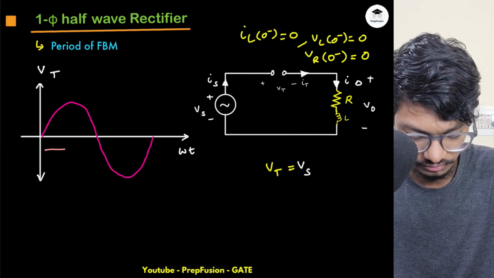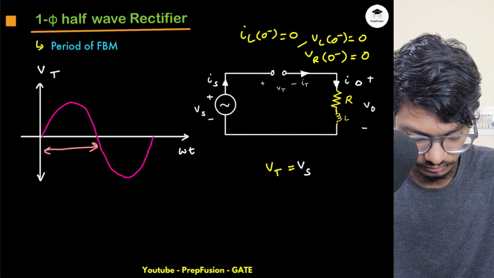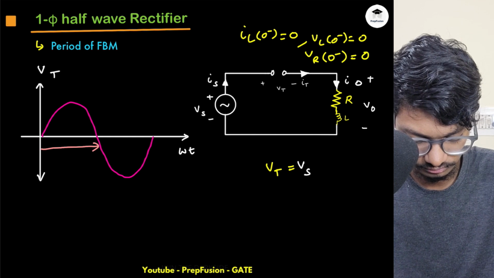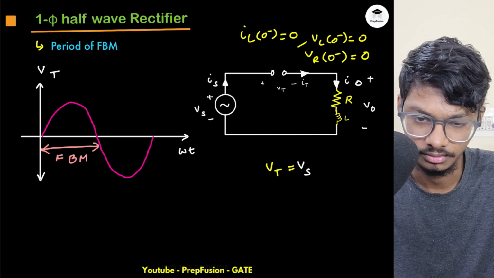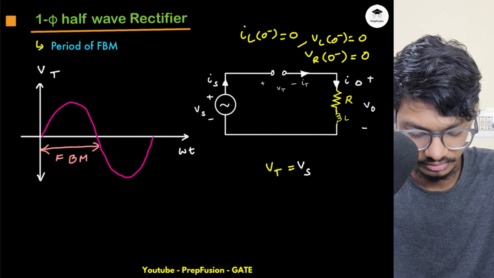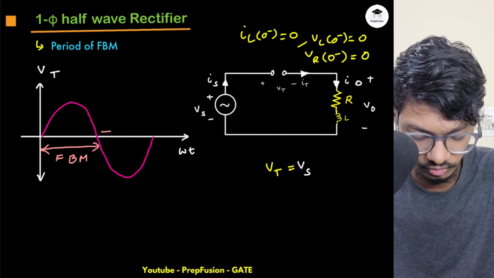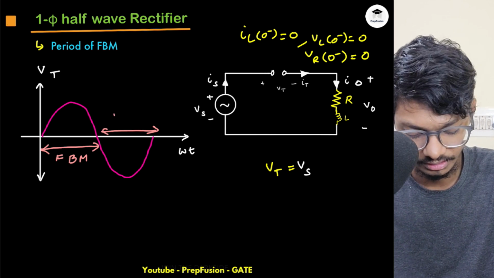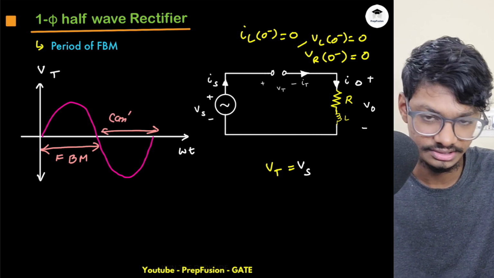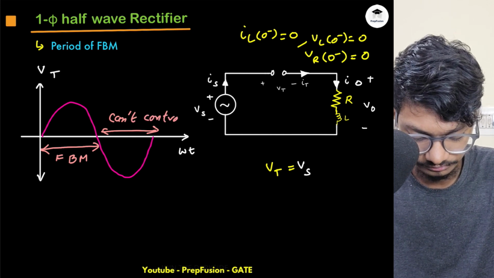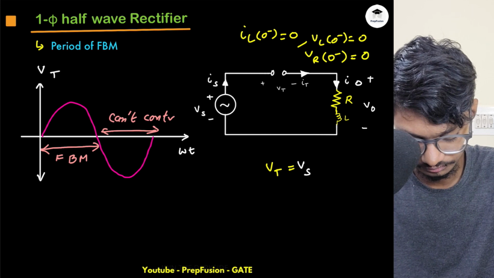This will be the region of forward blocking mode, right? In this region we can never control, even if there is voltage. We have no control in this region, but I will tell you this region can get expanded as well.